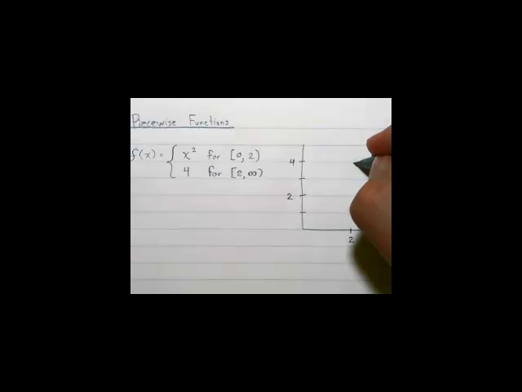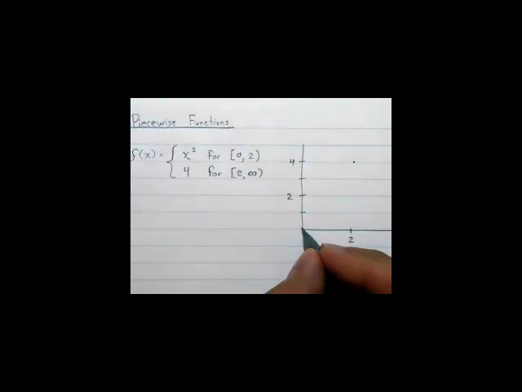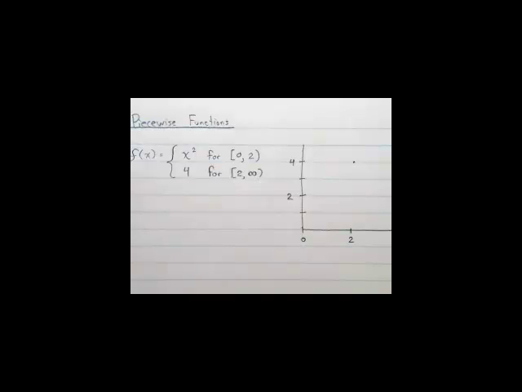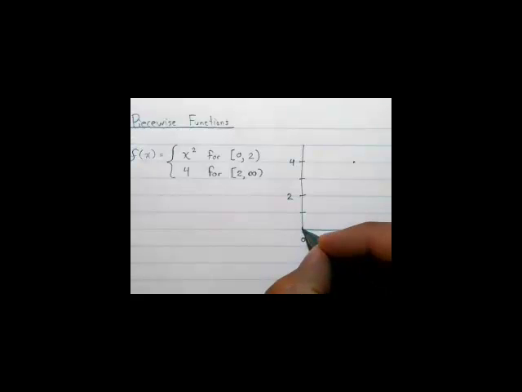So it's going to end up here. And when the parabola is at 0, the beginning of its interval, what's its value? Plug in a 0, what do you get? 0, right, okay.